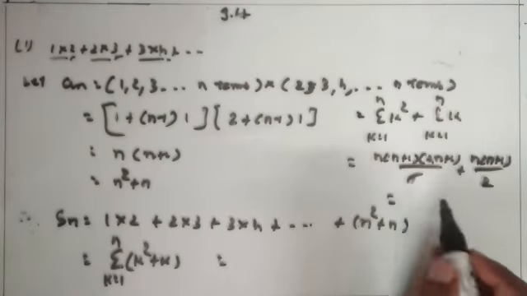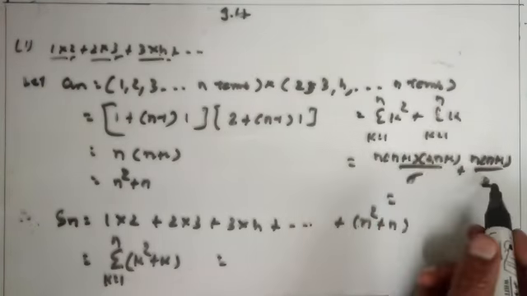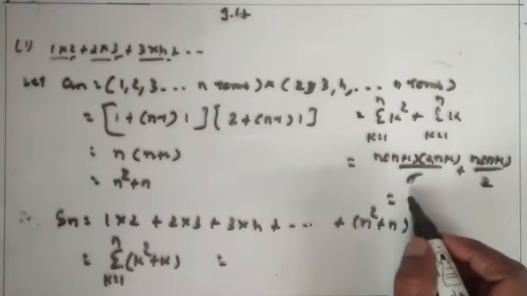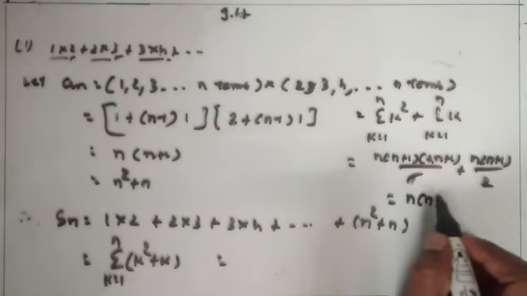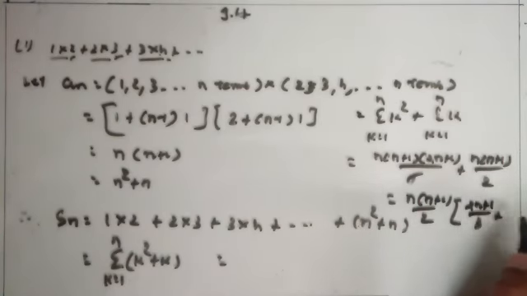Clear? So take n(n+1)/2 common. So here n(n+1)/2 into bracket, remaining terms (2n+1)/3 plus 1.